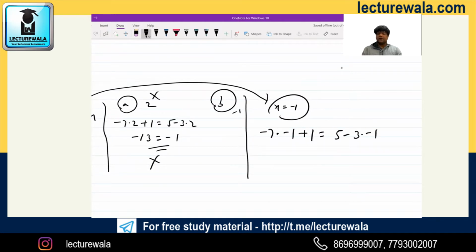Minus 7 into minus 1 is plus 7, plus 1, is equal to 5 minus 3 into minus 1, plus 3. You are seeing left side 8, right side also 8. That means we say that this value satisfies the equation. After substituting the value, if both the sides become equal, that means this value has satisfied the equation. So this is the answer.